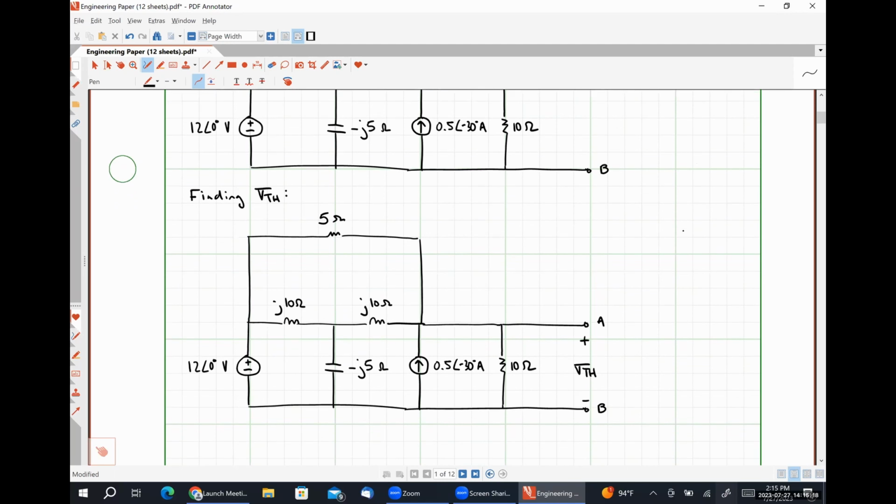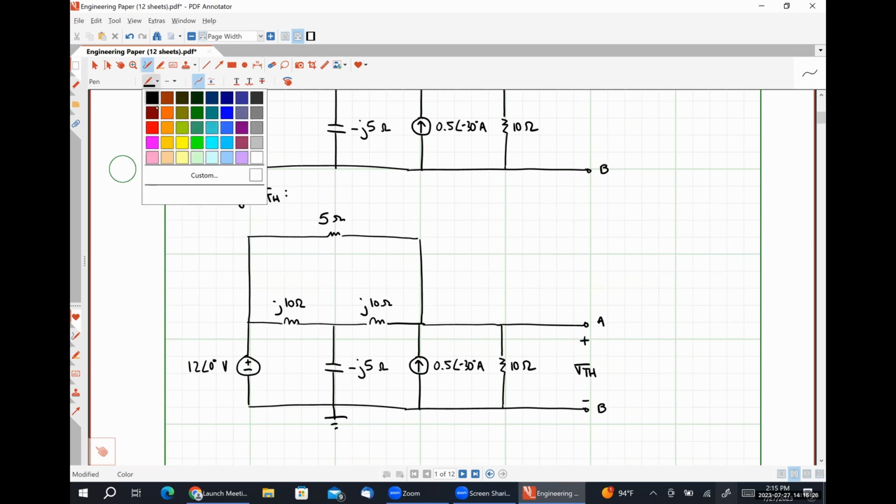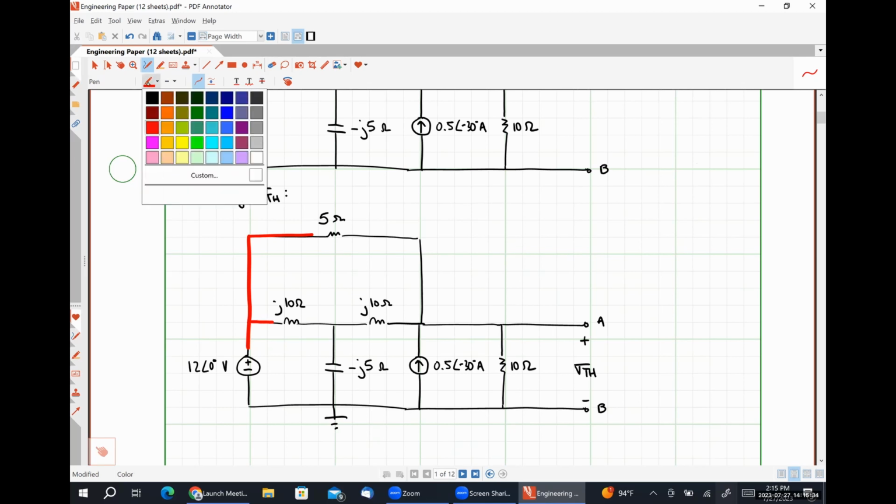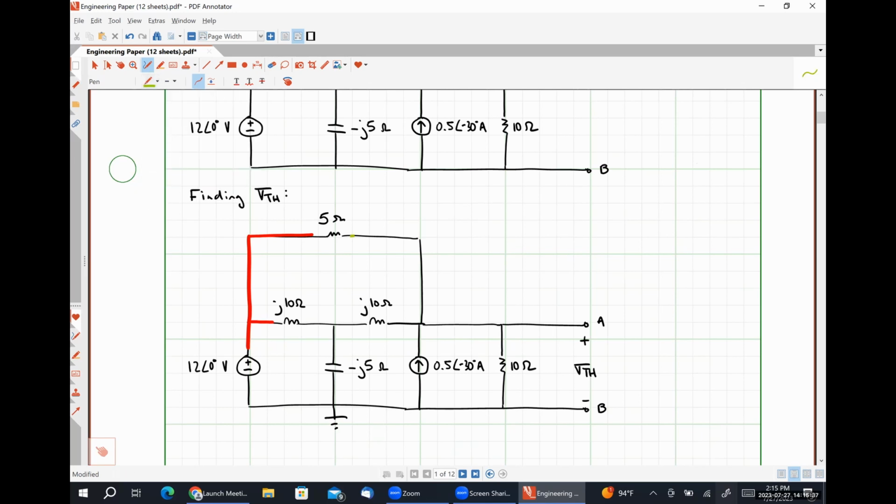So I am going to choose my ground node to be on bottom. And then I'm going to identify my other nodes. So we have a node here. We have a node here.